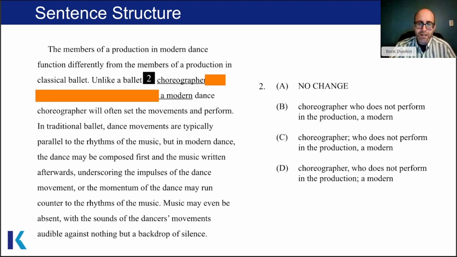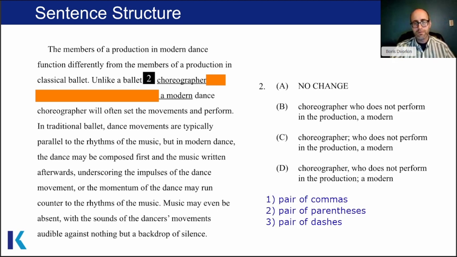So when you have non-essential stuff inserted into a sentence on the PSAT, there's 3 different options for doing it. Option 1, pair of commas. Option 2, pair of parentheses. Then finally option 3, which is a pair of dashes. And that's it. This question was actually Murder on the Orient Express.